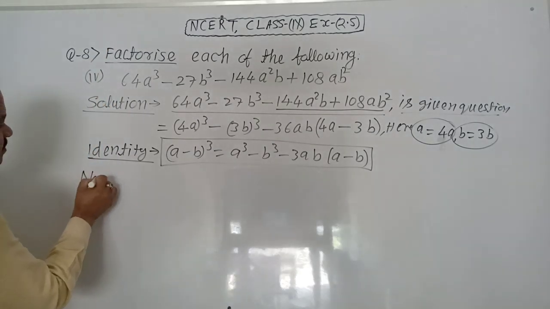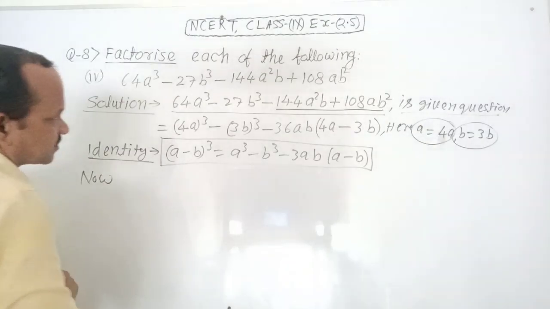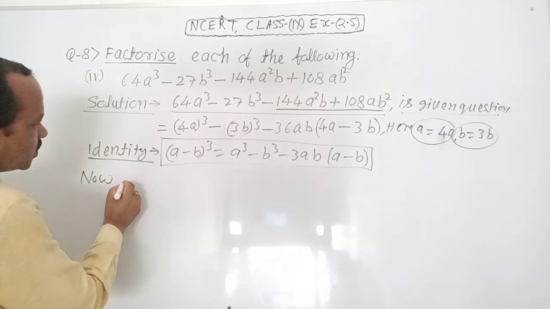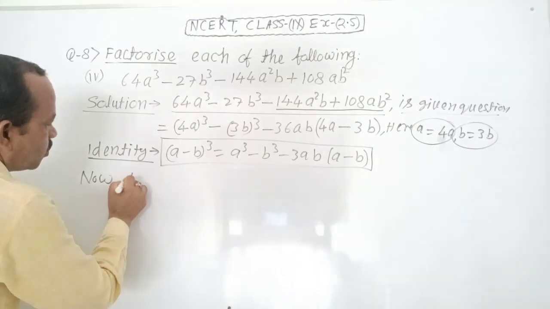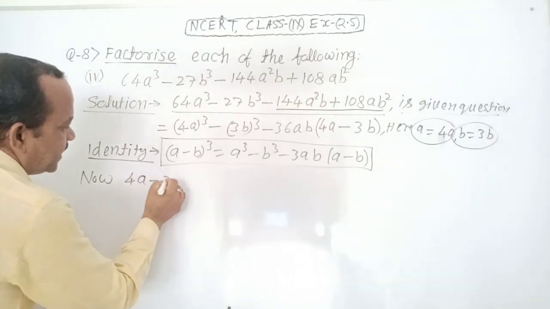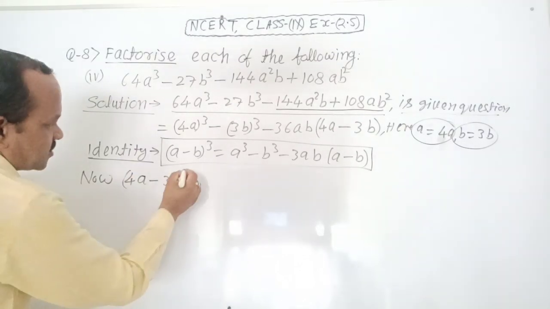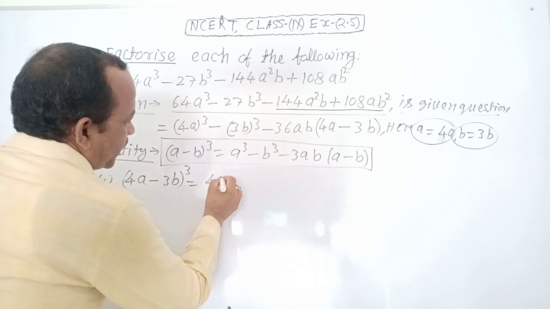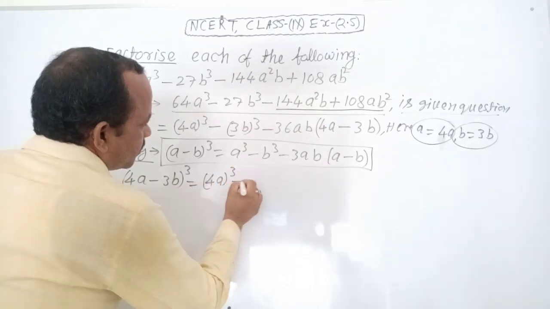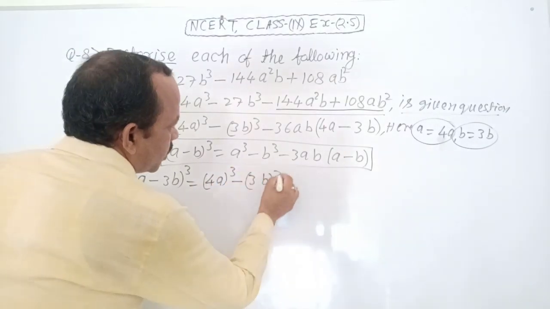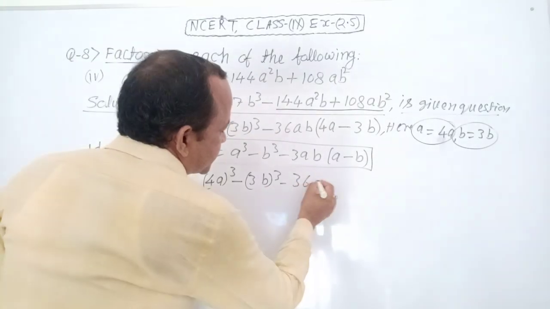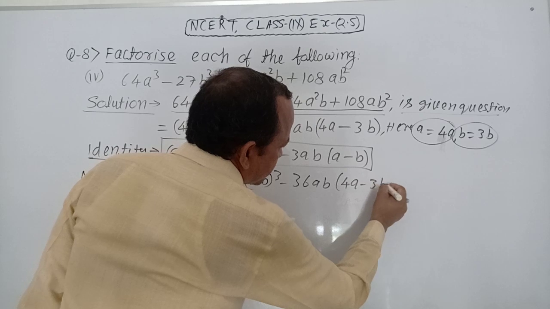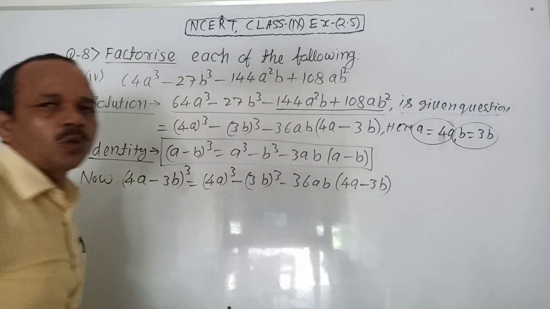Now (4a minus 3b) in brackets whole cube equal to (4a) whole cube minus (3b) whole cube minus 36ab in brackets (4a minus 3b) brackets close.